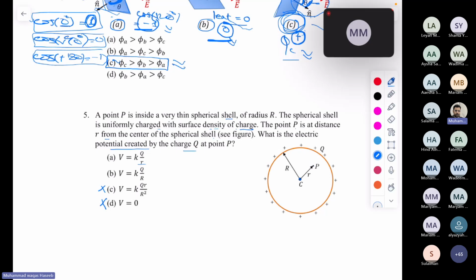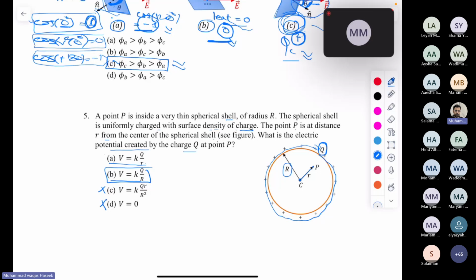Now this and this option, because they both have R. At what point they want us to calculate what is the electric potential created by the charge Q at point P. So this charge is related to this distance, and this charge is related to this distance. If we are talking about this charge, this is the correct option, and if you are talking about this charge, this is the correct option.